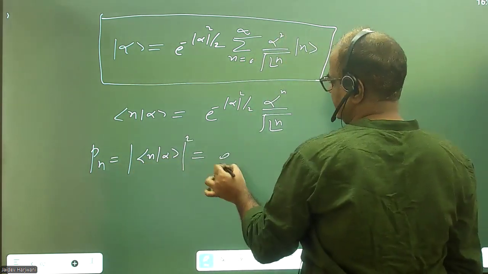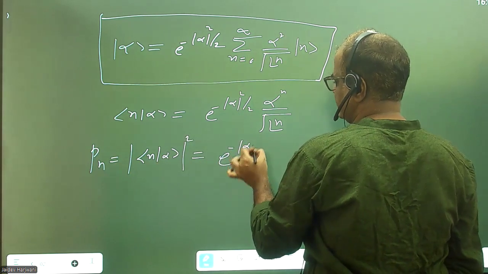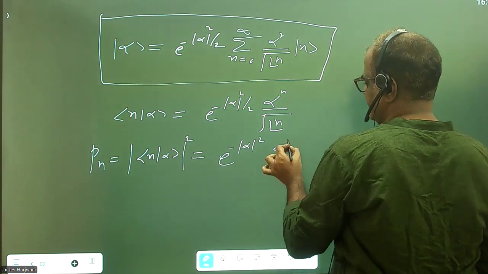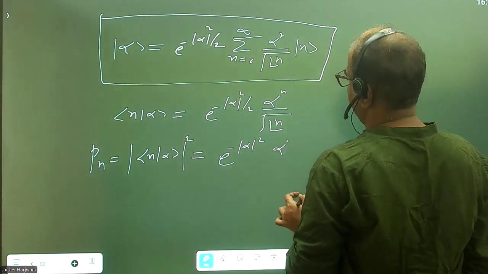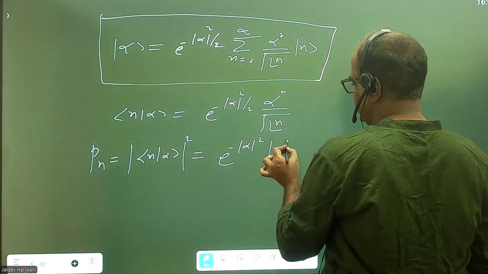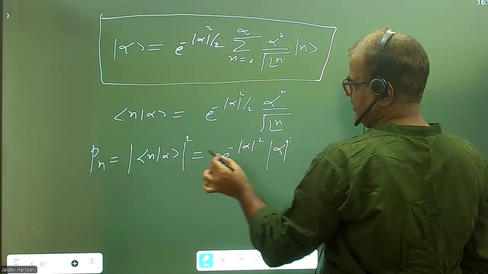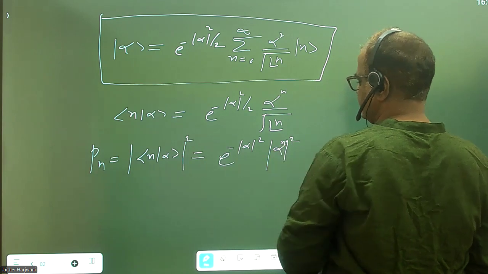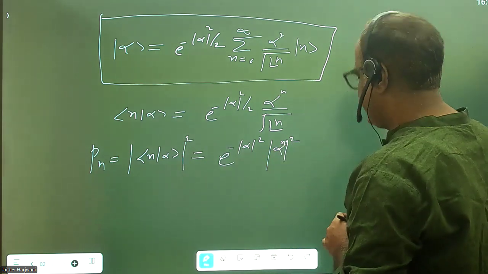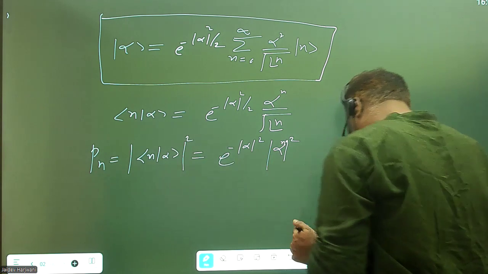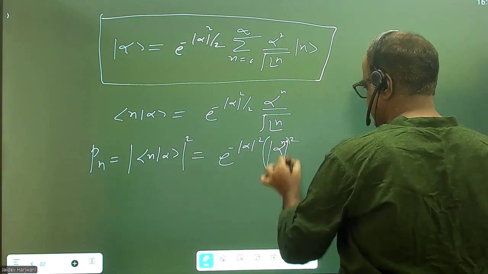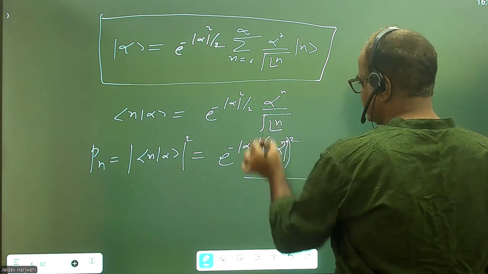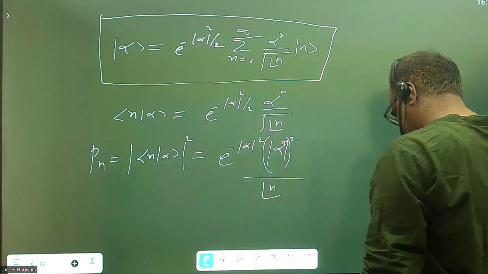If we solve this, this will be e^(-|alpha|^2) times |alpha|^(2n), upon, the root will disappear, and you have only factorial n.